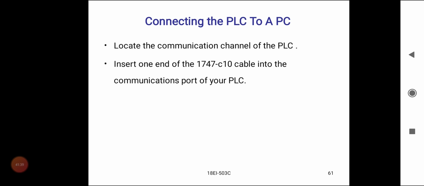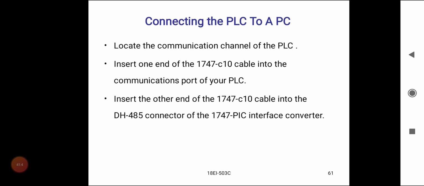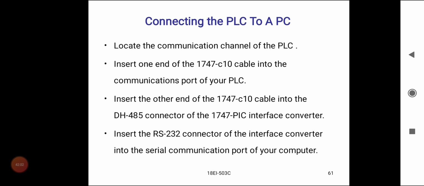Insert one end of the 1747 C10 cable into the communication port of your PLC. Insert the other end into the DH485 connector of the 1747 PIC interface converter. Insert the RS232 connector of the interface converter into the serial communication port of your computer.